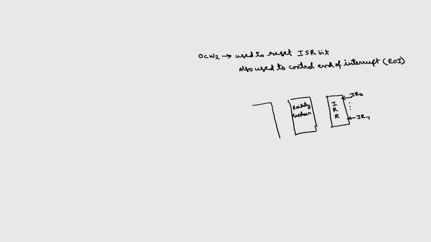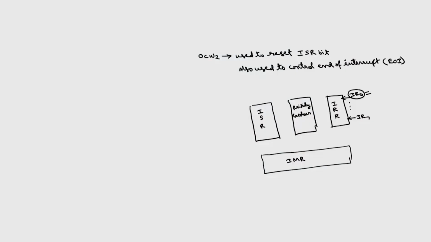Then we have the in-service register ISR. Of course, here we have the interrupt mask register also. So once a particular interrupt, say IR0, is serviced, how to represent the end of the interrupt?